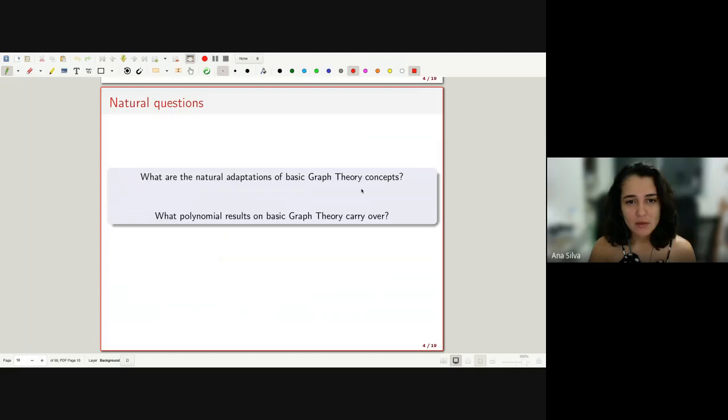And of course, you want to know which polynomial results carry over. I must tell you already that they almost never do. Indeed, none of the adaptations of Eulerian trails that we did is polynomial time solvable, in contrast with the classical graph theory concept, which is easily testable.